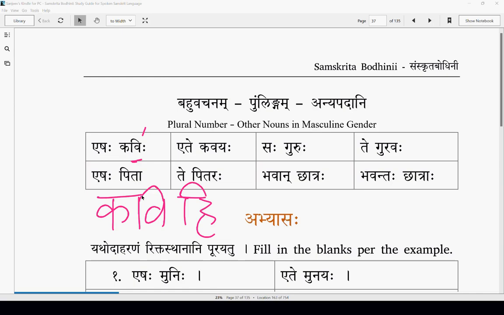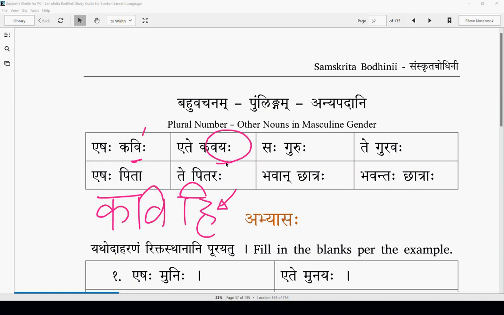Ka, vi, he. But if you actually pronounce ha, then it has vibrations. So mute the vibrations and say kavi, kavi, kavi. Okay. Kavi, kavihi.